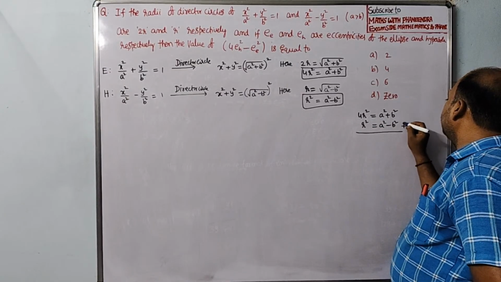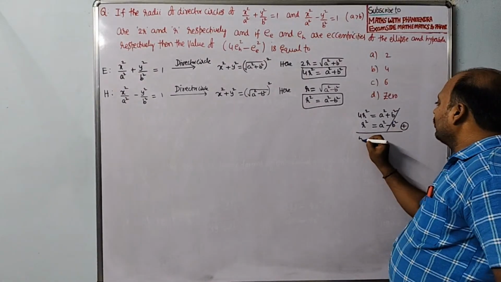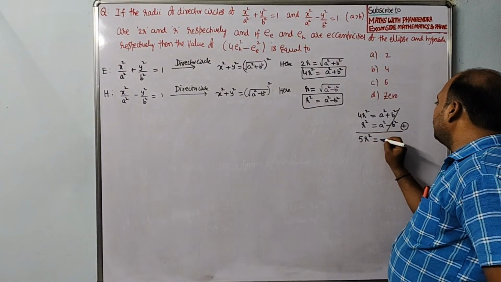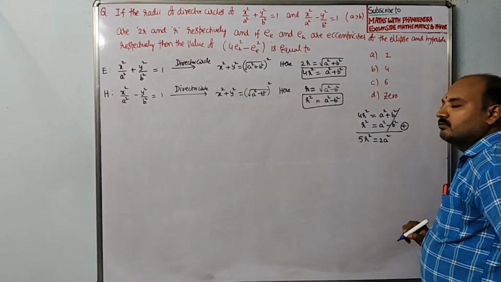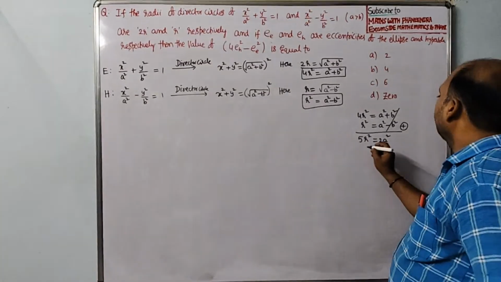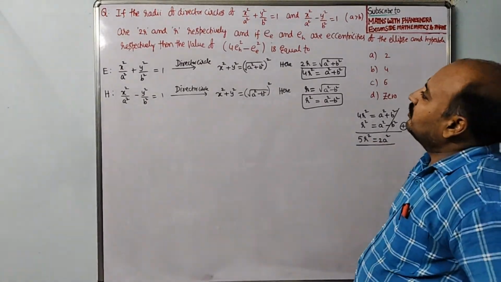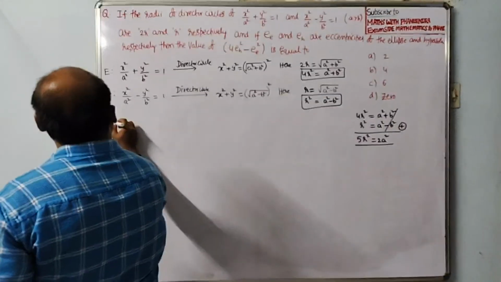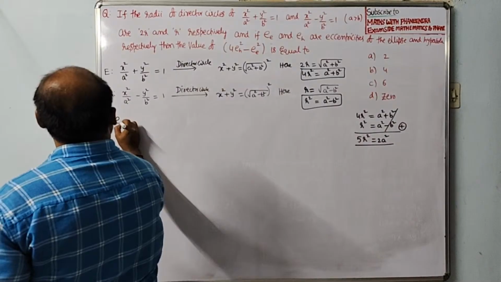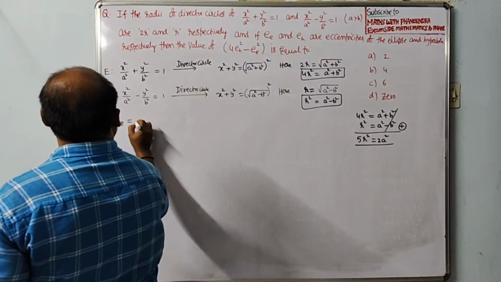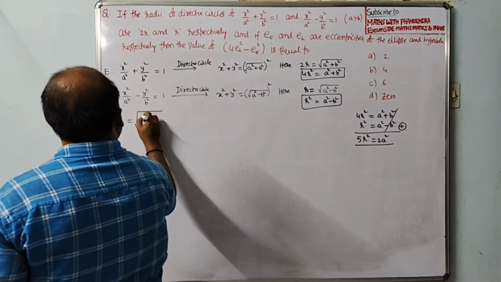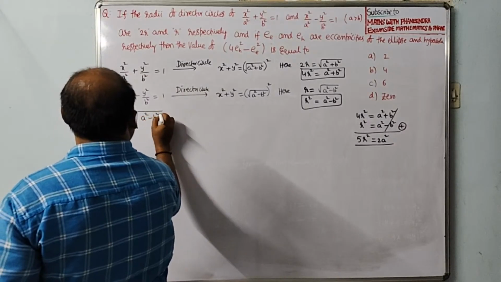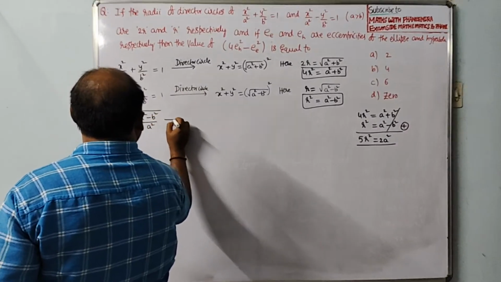If we add these two, 5r square is equal to 2a square. Now what they are asking, to find eccentricity also we need to calculate. Eccentricity of ellipse EE equal to root over a square minus b square divided by a square.